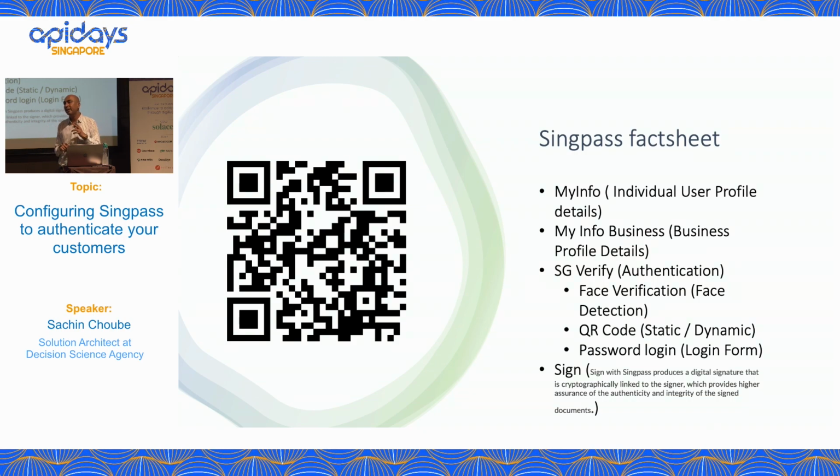In QR code, there are two options: one is static, second is dynamic. To be very honest, I have not seen any static scenario. Every organization where I have worked or consumed services, I have always seen them using dynamic. Third is the old legacy way, which in SingPass we call password login. This normal term we call login form. So that's one more option.